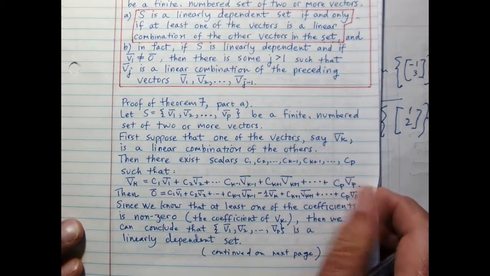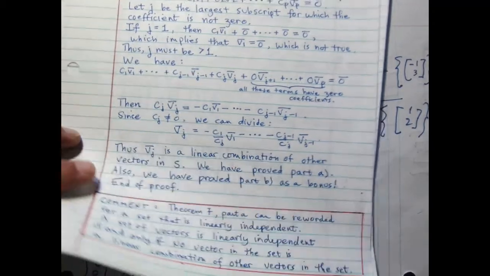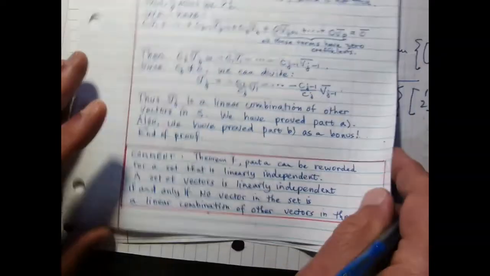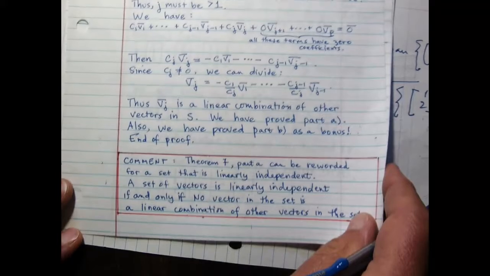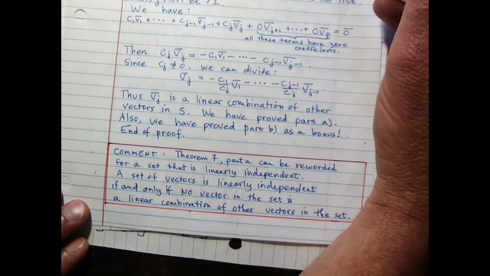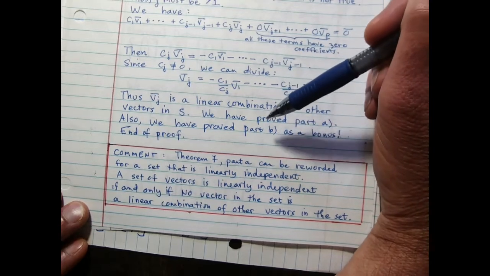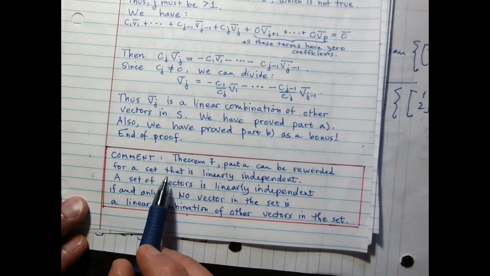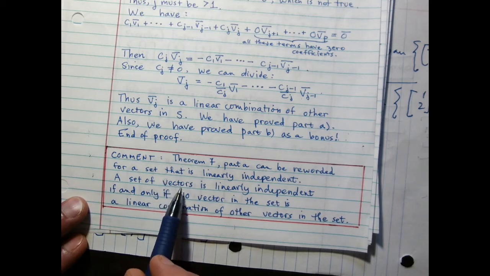I'm not going to go over the proof of Theorem 7. I'm just going to refer to this comment at the end, because I think this is a good statement for you to see. You can read through the details of the proof on your own. That's optional. I just put it there for those who are interested in the theoretical arguments.